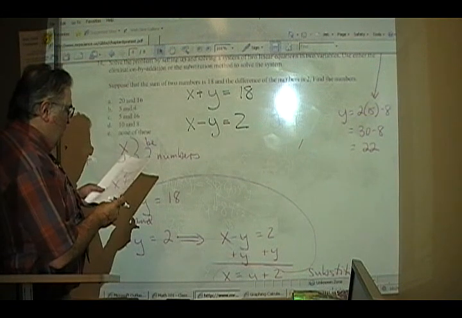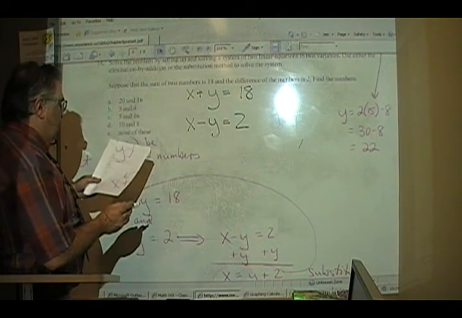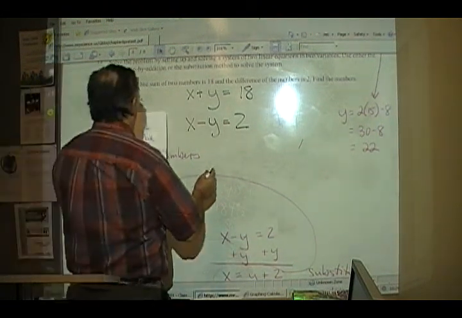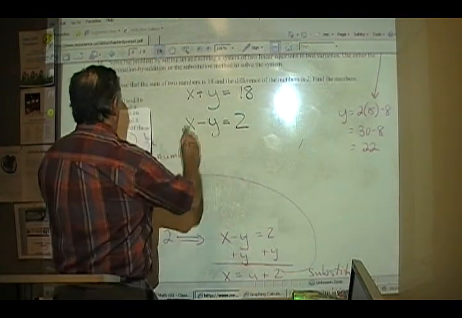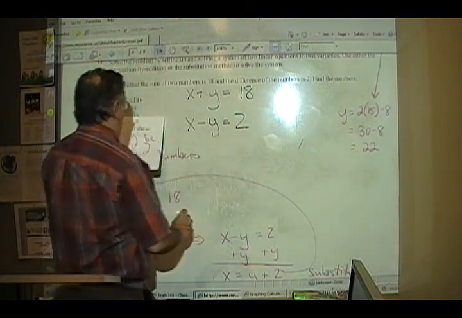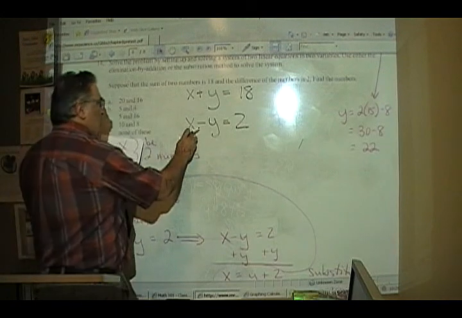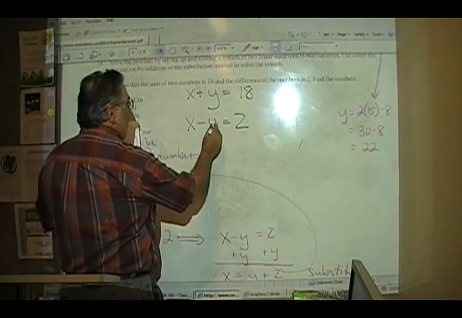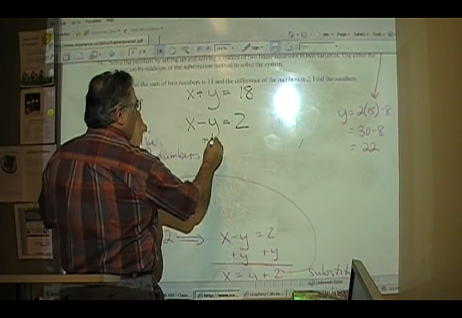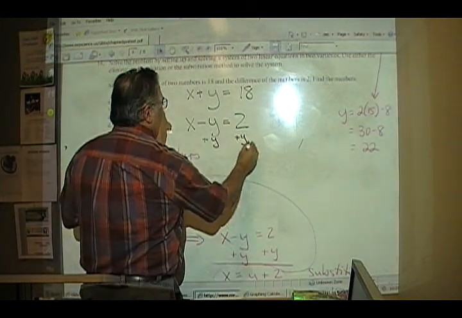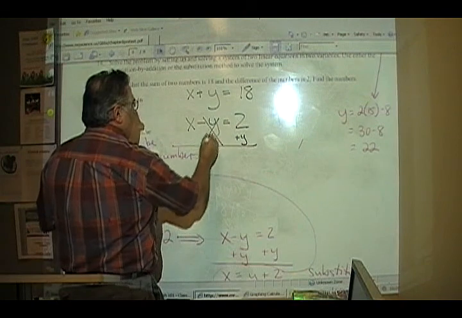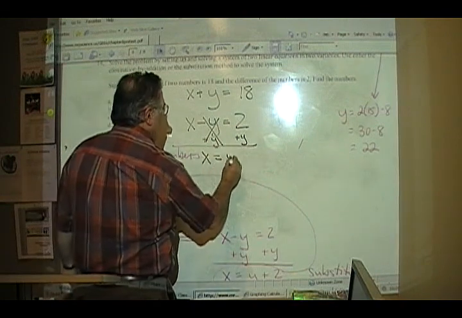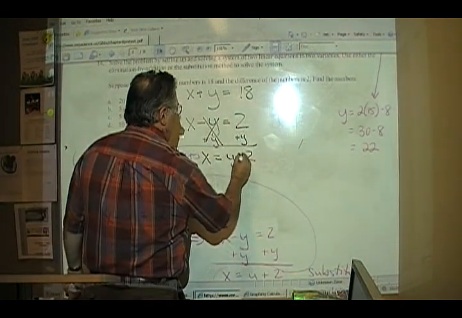But instead, I want to take one of these equations. Let's take the second equation, this one here that has x minus y equals 2. We're going to rewrite it so we solve for x. So x minus y equals 2. Minus y, the opposite would be plus y. So if I add y to each side, I get x equals y plus 2.